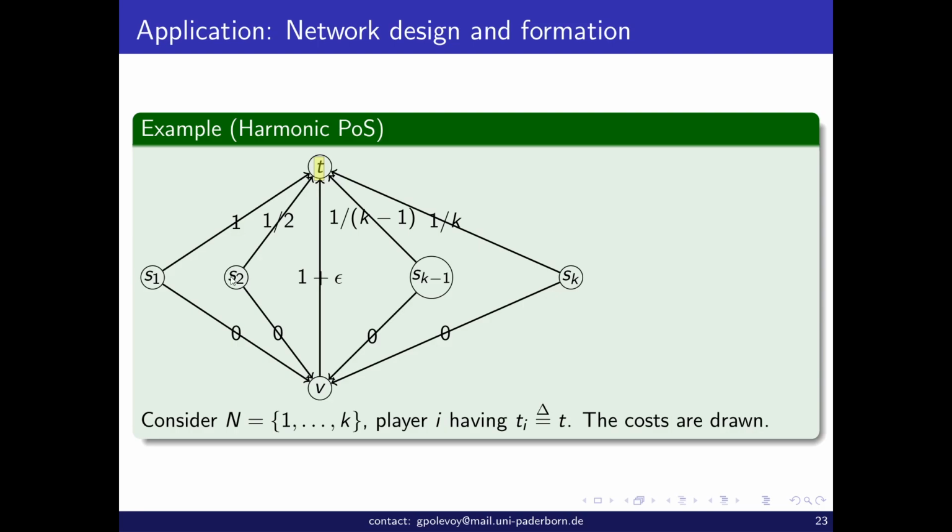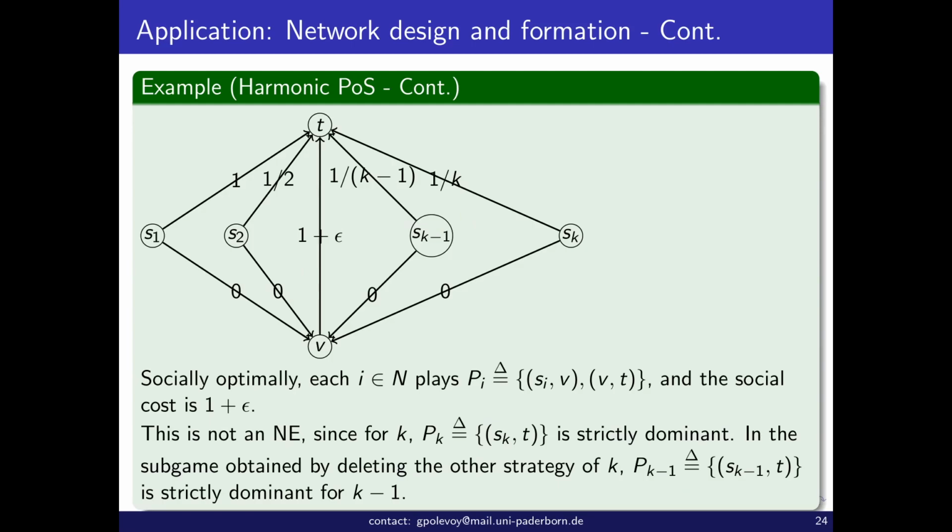So one path is, let's say for player 2, from S2 to V, that edge costs 0 and can be used only by the player, and then from V to T by the common edge, which costs in total 1 plus epsilon, and depending on how many share that edge, the cost will be 1 plus epsilon divided by the number of those who share that edge. Another path is simply to go directly, and for player i, it costs 1 over i. For player 2, it costs 1 over 2, and for player k, it costs 1 over k. So there are two paths for each player.